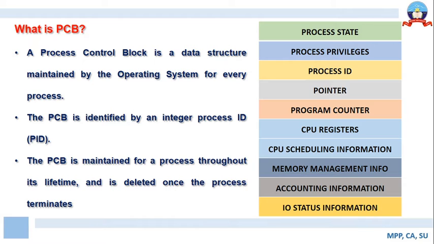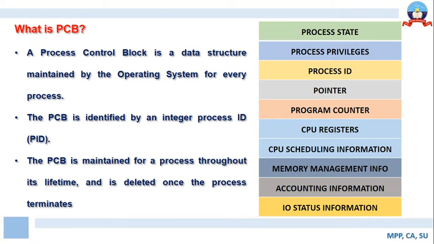Then the process privileges, followed by the process ID, then pointer, program counter, CPU registers, CPU scheduling information, then memory management information, then accounting information, and likewise IO status information. So these are the various information that the PCB has in it.